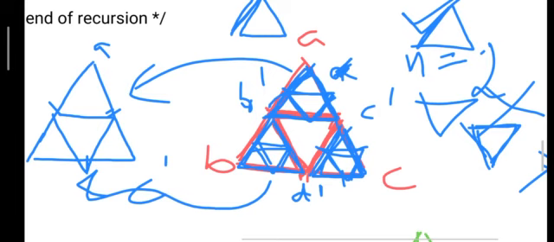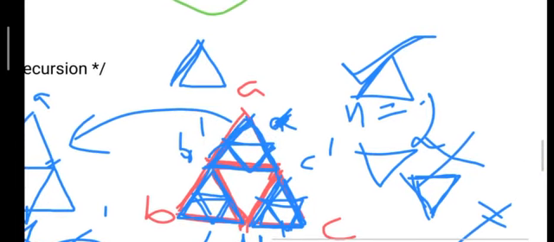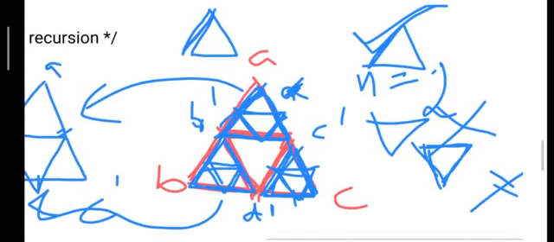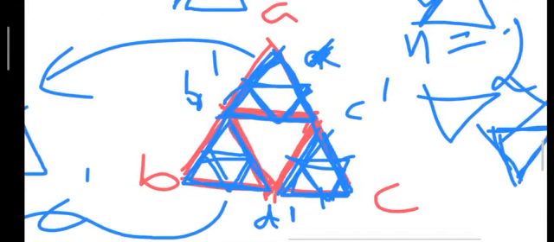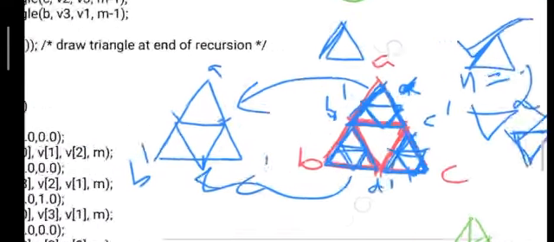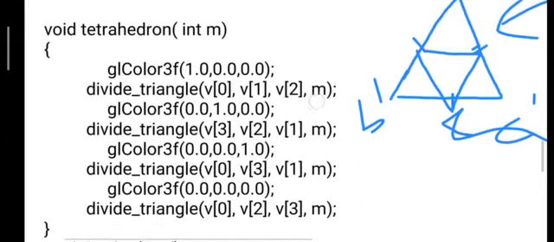As the number of divisions increases, you need to consider the smaller triangles: A, B dash, C dash as one triangle, then B dash, B, D dash as the second triangle, and C dash, D dash and C as the third triangle. Perform the similar step again. To obtain the subdivision, you need to make a call to the function divide triangle.